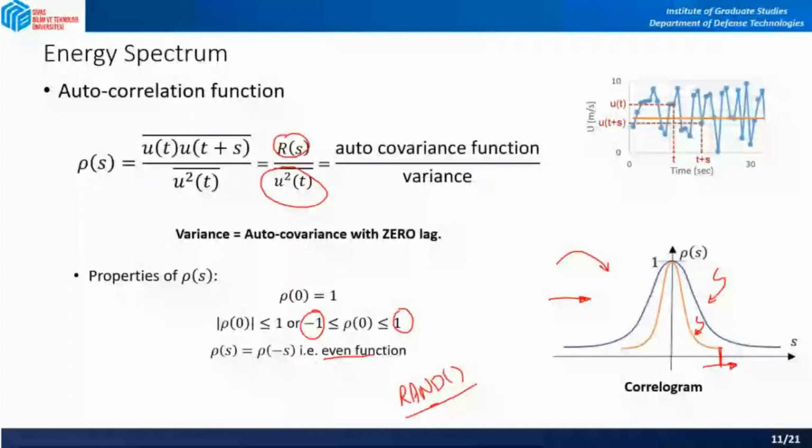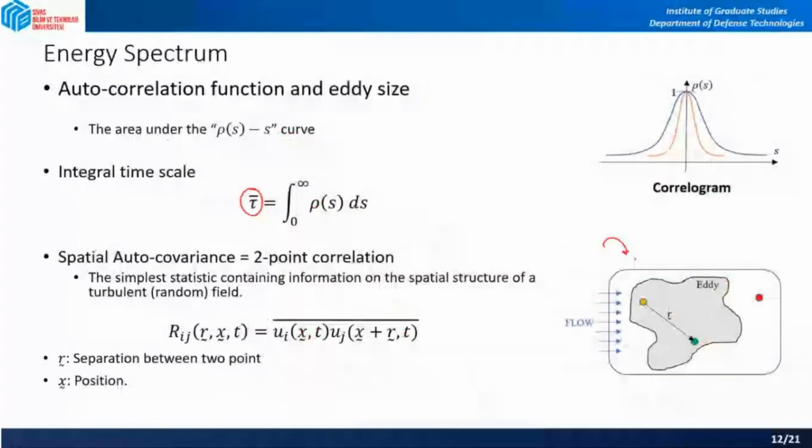This is the simplest statistics that you can get from the velocity data. Of course, you need to have data which is generated by direct numerical simulation or experimental data, and the field data can be obtained by particle image velocimetry. If you have point measurement techniques like hot wire anemometry or laser Doppler anemometry, you cannot get 2 point correlation, because what I'm showing you is the instantaneous distribution of the flow.